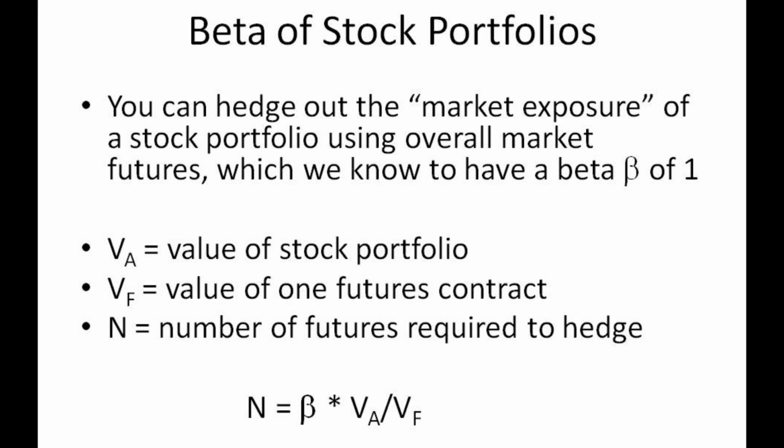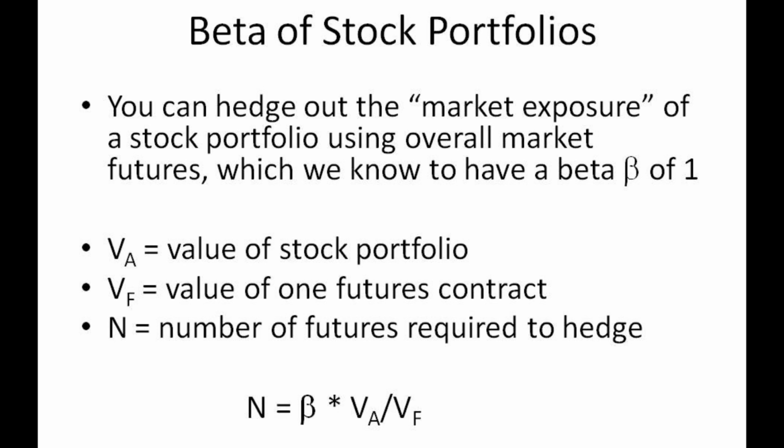Now, if the beta of your portfolio is 1, meaning that it moves roughly in lockstep with the S&P 500, your calculation is rather easy. But we'll say, for example, if you had a high beta portfolio, what that means is that if your portfolio has a beta of 1.5, if the S&P is up 1% on a given day, you would expect your portfolio to be up 1.5%.